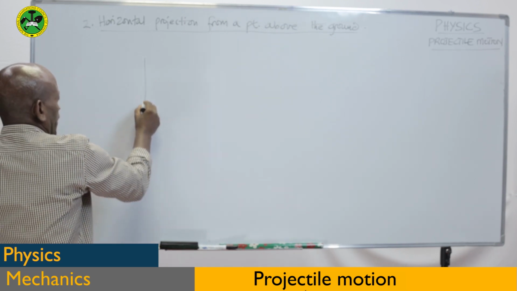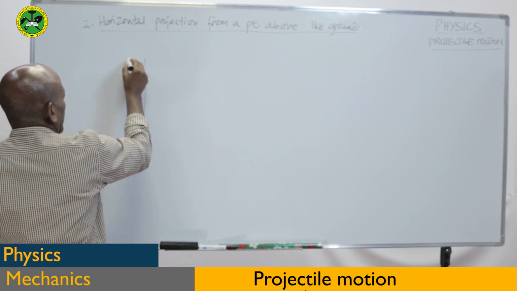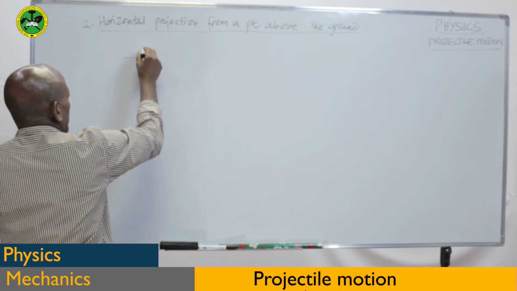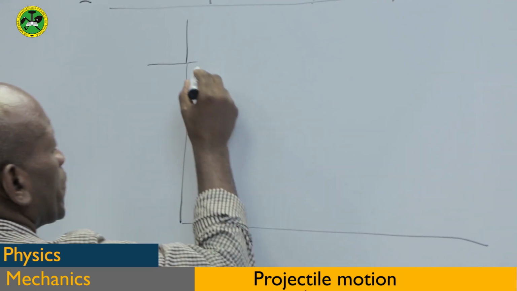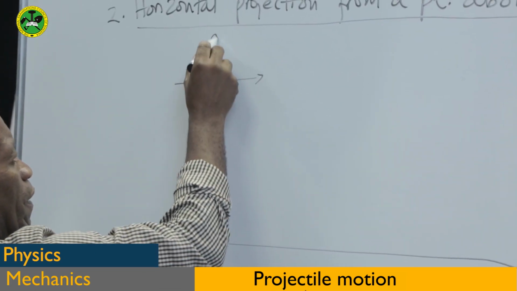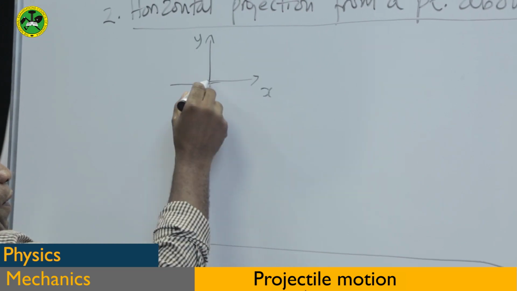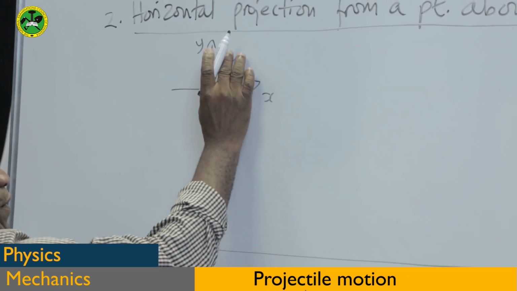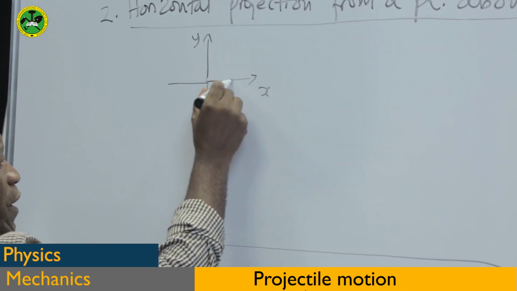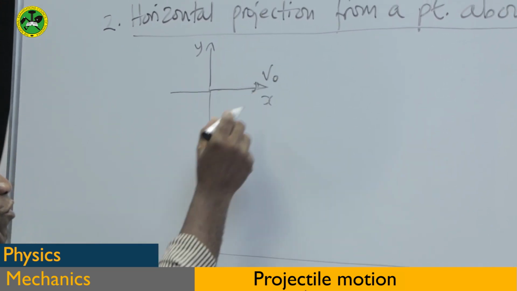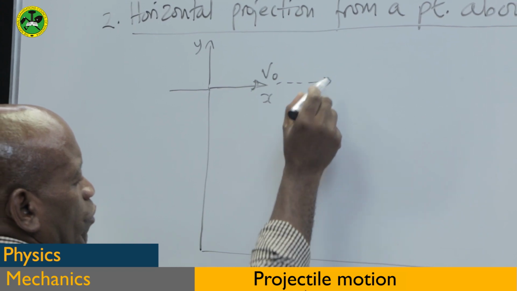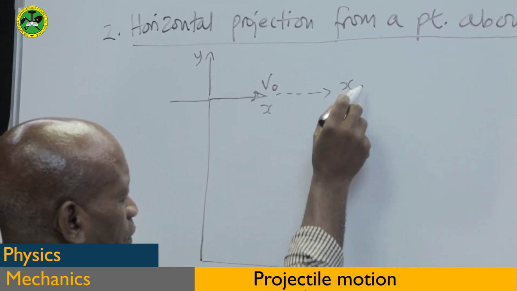So we have a sketch diagram like this, where the body is being projected horizontally. The initial velocity of projection goes in the horizontal, the x direction.